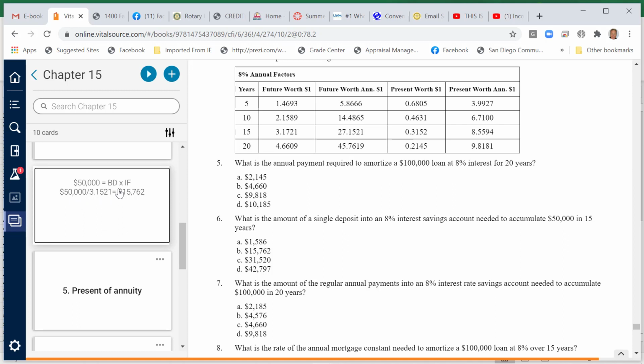So $50,000 divided by 3.1721 is equal to $15,762, my initial deposit, my one-time deposit at 8% interest over 15 years. Then I'll have $50,000.